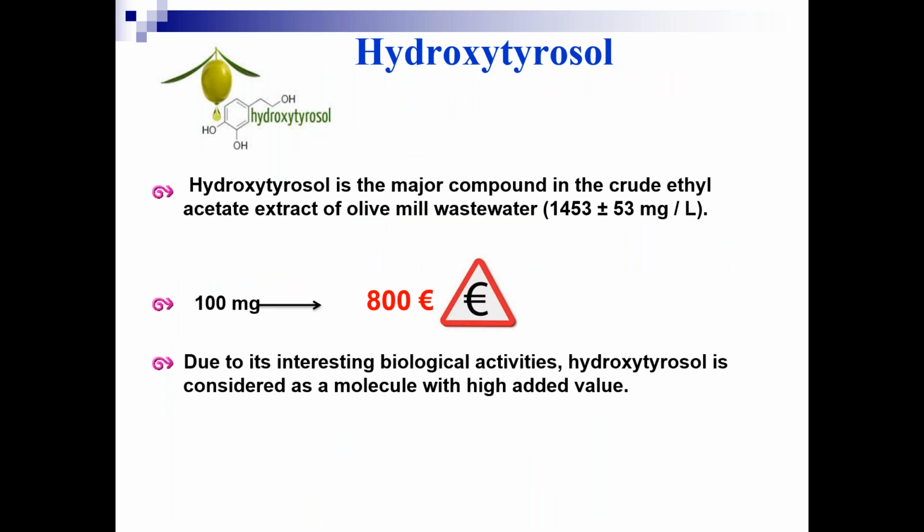Now, why are we looking for hydroxytyrosol? Hydroxytyrosol is a major compound in the crude ethyl acetate extract of wastewater. 100 milligrams is about 800 euro. Due to its interesting biological activity, hydroxytyrosol is considered a molecule with high added value.